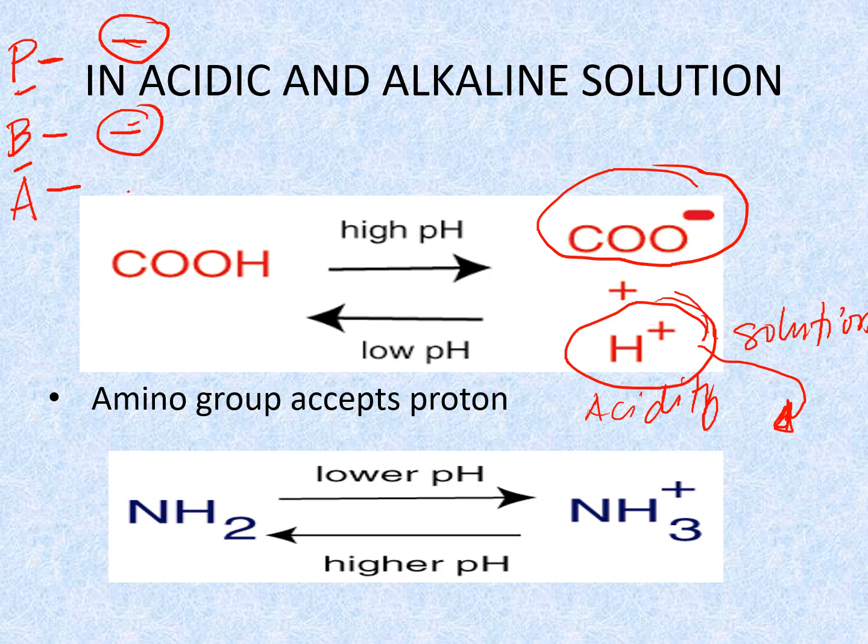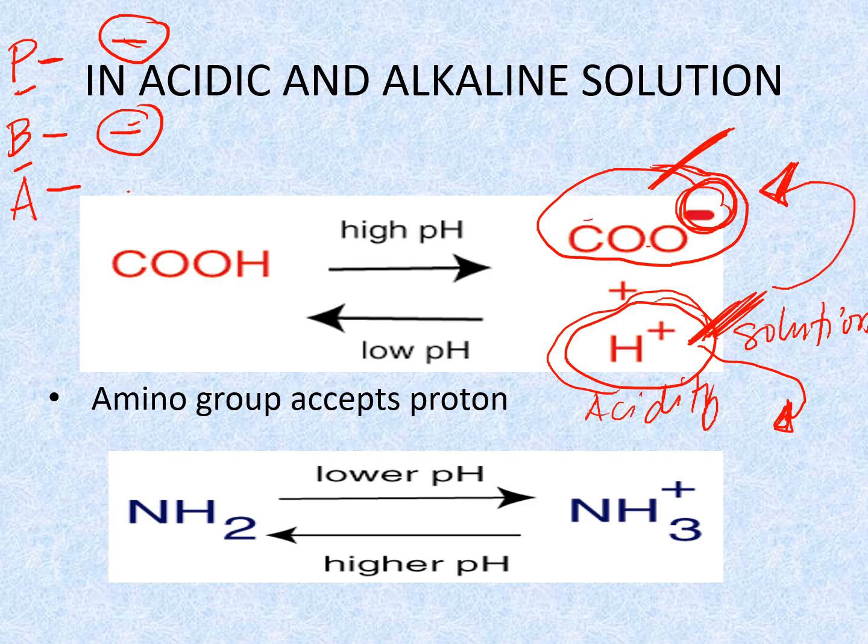So since there are a lot of excess protons in the solution, we need to reduce the amount of protons in solution. That's the normal behavior. So in this sense, the carboxyl group of the amino acid that is now carrying the negative charge will be able to attract protons.